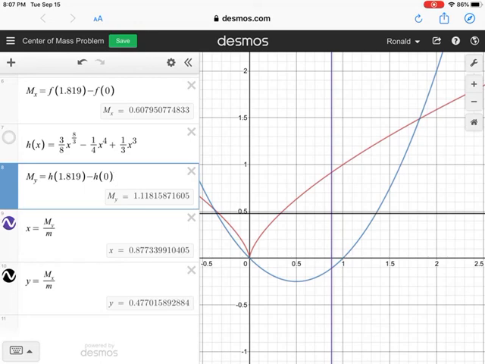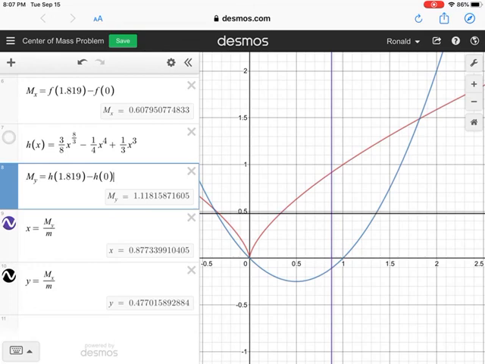Now, when you let x be equal to m sub y over m, you are actually creating a line of the form x equals b. And so you learn in a basic algebra class that a line of the form x equals b is a vertical line. So what we just created by m sub y over m is a vertical line. And that vertical line is in purple on the graph. And then y is equal to m sub x over m is a horizontal line of the form y equals a.